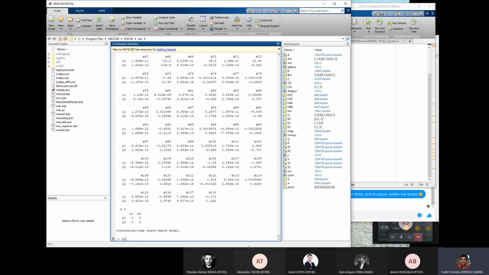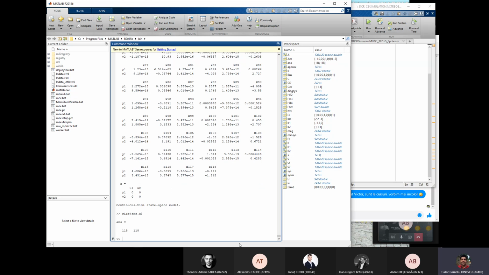Now let's see size of ans.A. You see, it's huge, and it's not even correct, because it should be 120. So the minimal realization of this guy is 120. Understand? So it's not 2 or 3. So it's difficult to use.